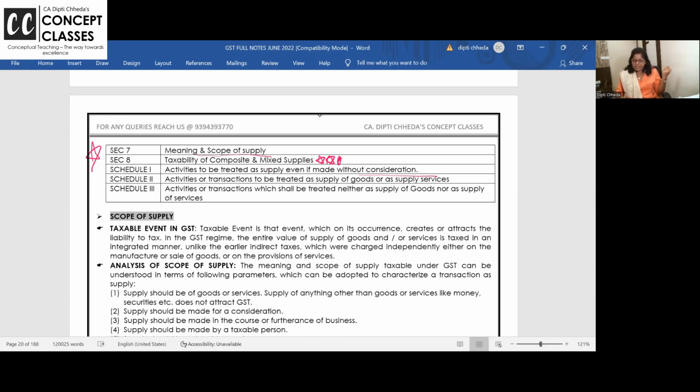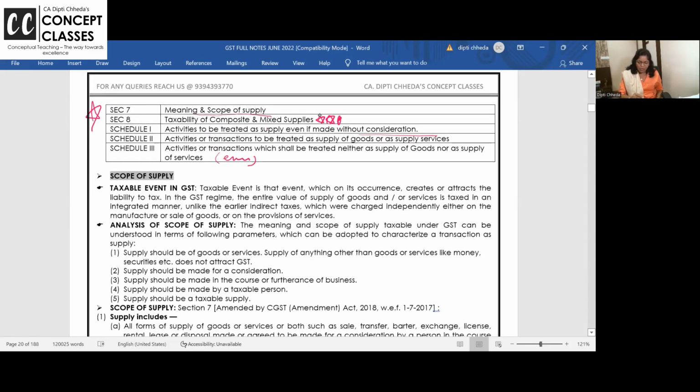And activities or transactions which are neither supply of goods nor services, those crematorium services, exempt services. This is a very small list of exempt services. Detailed is there in chapter 4, exemptions. So this mind mapping should be clear, and this is what is going to go for the coming 3 classes.